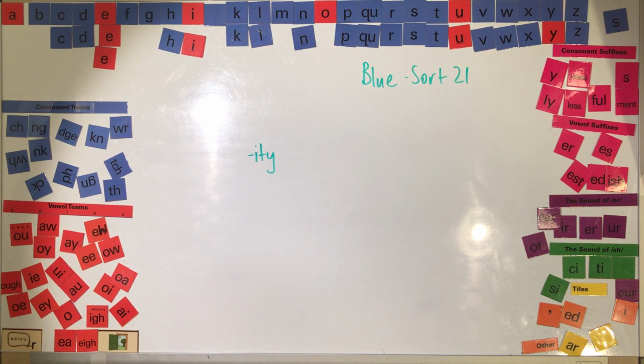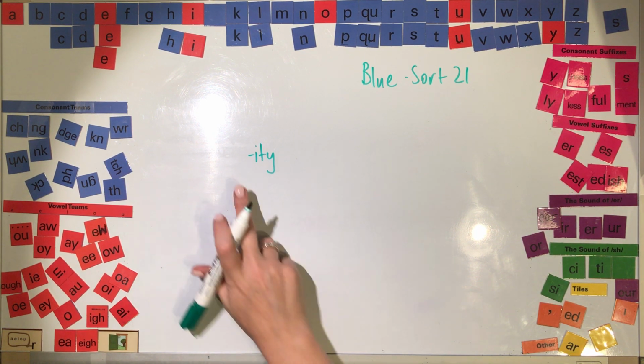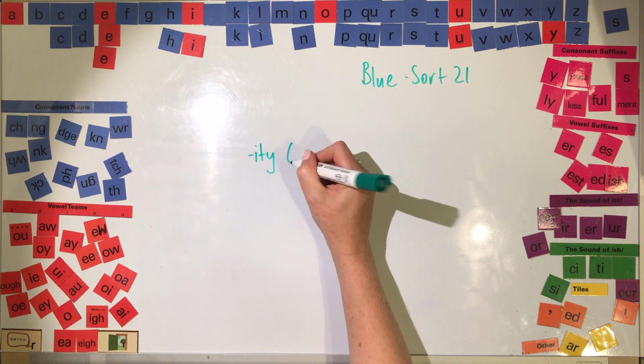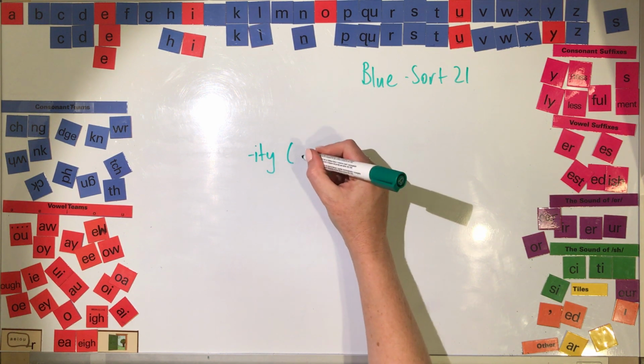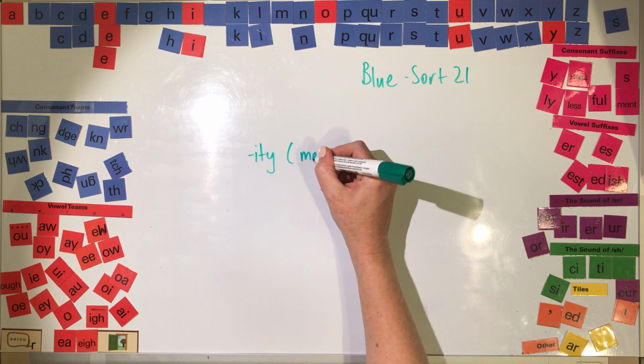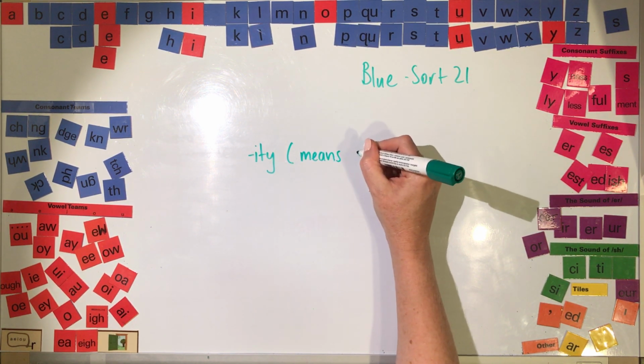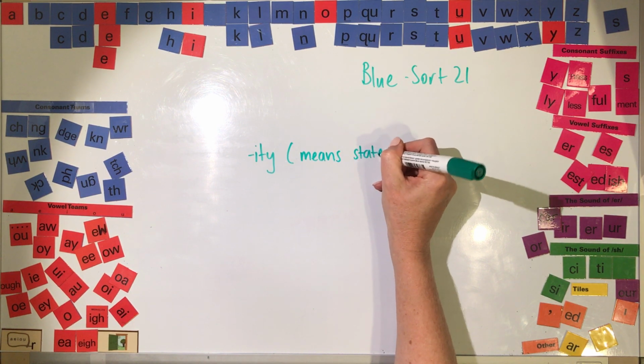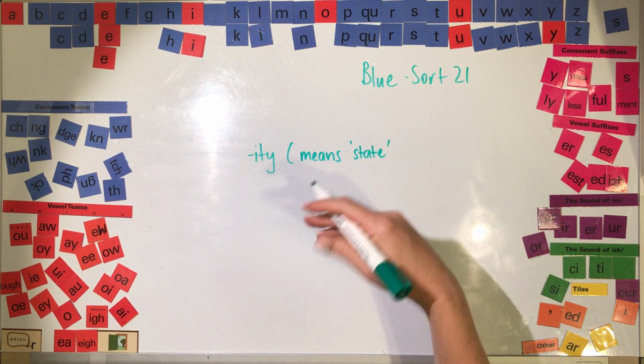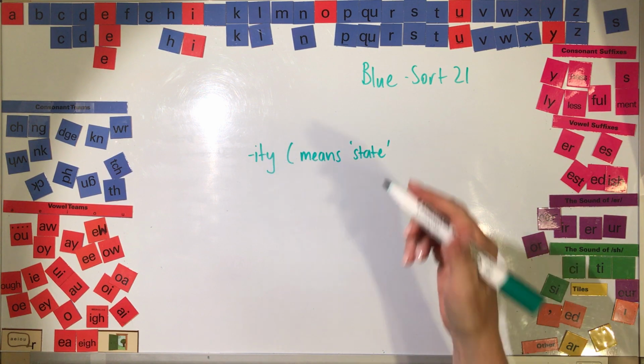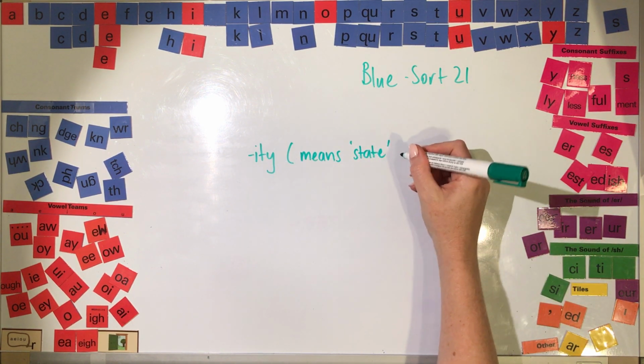Now, when we add ITY, you can write this down in your notes, it means state, as in the state something is in, like, oh, we look at your room, it's in a state, or a messy state.